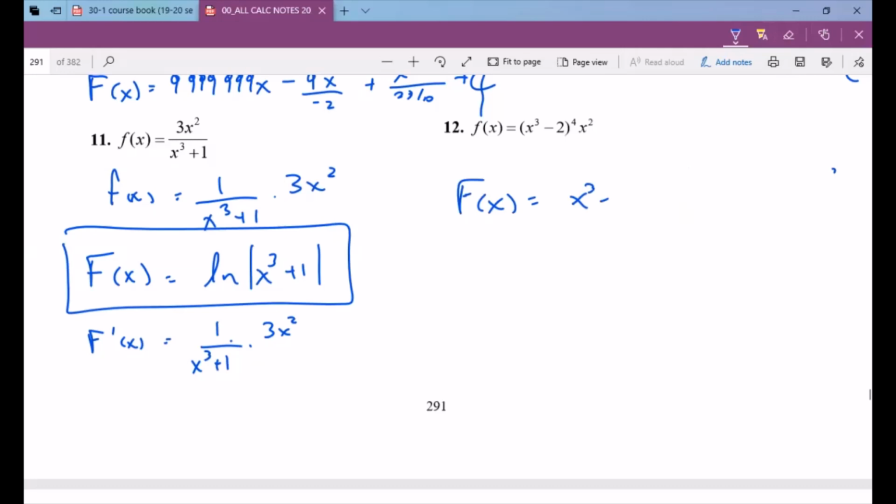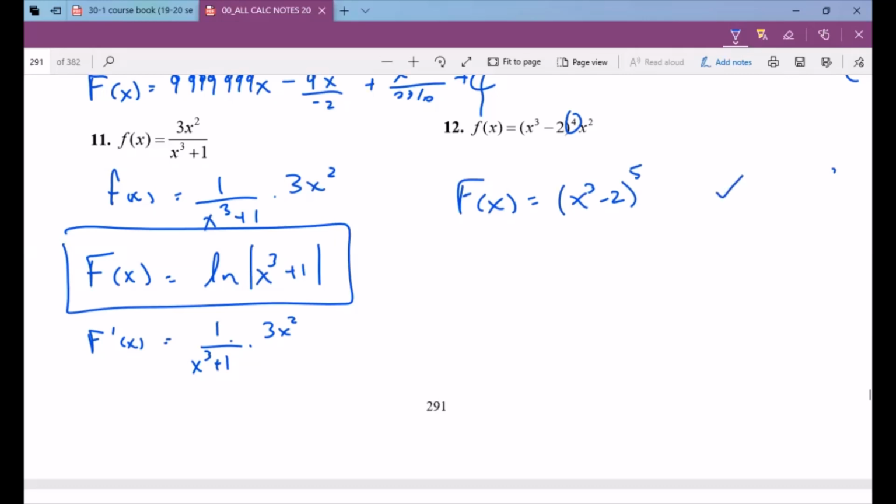Maybe this was x cubed minus 2. If I want to anti-differentiate this, this would have been 5. Right? That would have been 5, that we would have multiplied out front and then subtracted 1 to get 4. So if this was the case, then what would we have?